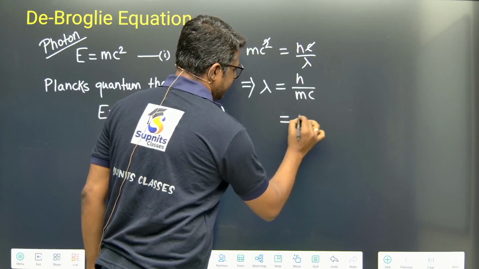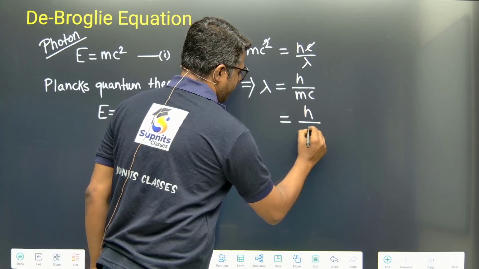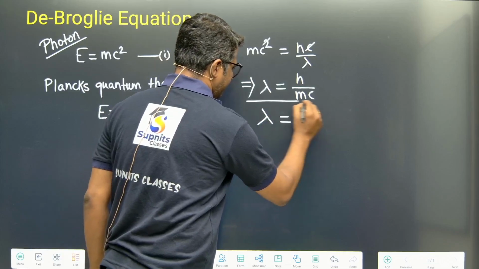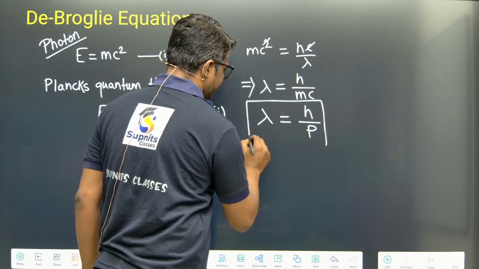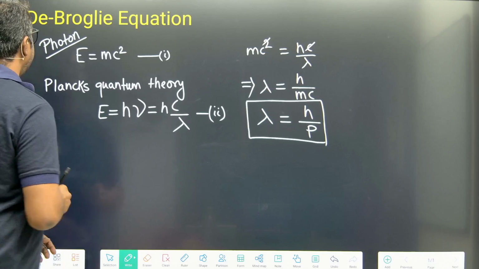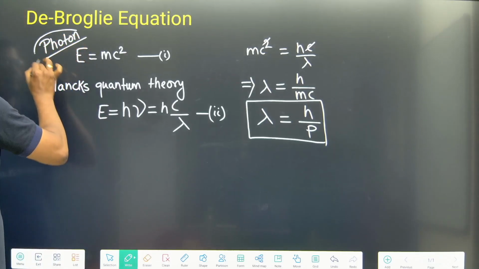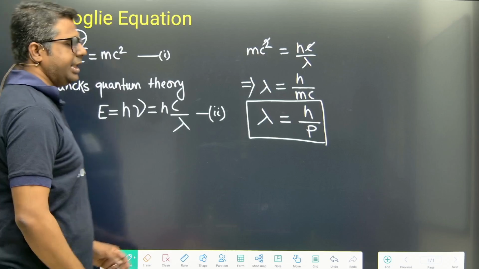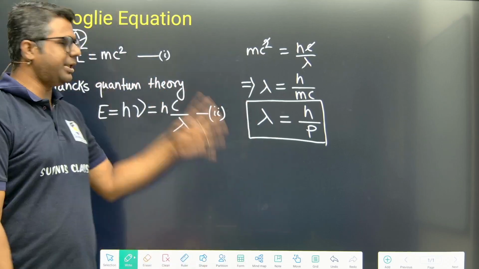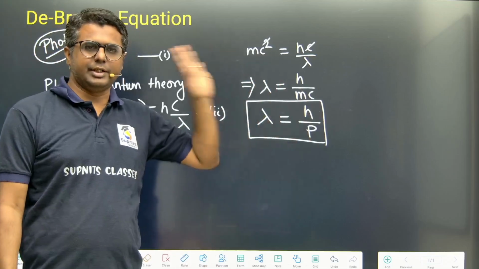So this is nothing but momentum of the photon. So lambda is equal to h by momentum of the photon. This derivation is for what? This derivation is for photon. Clear? This derivation is for photon.